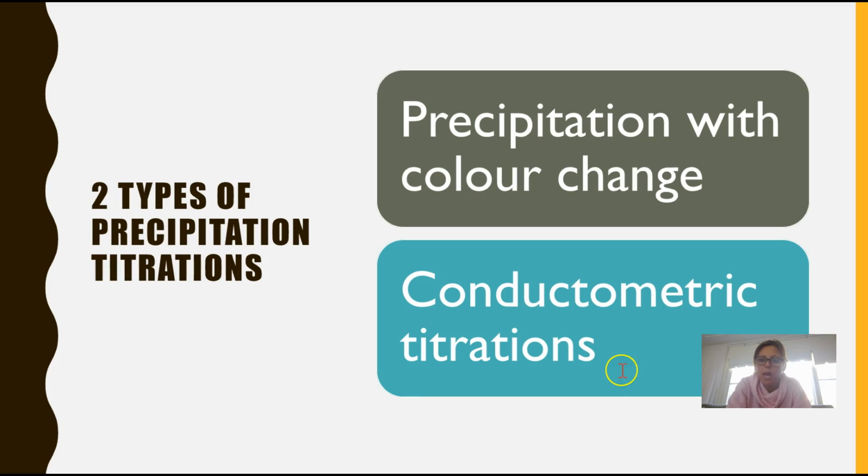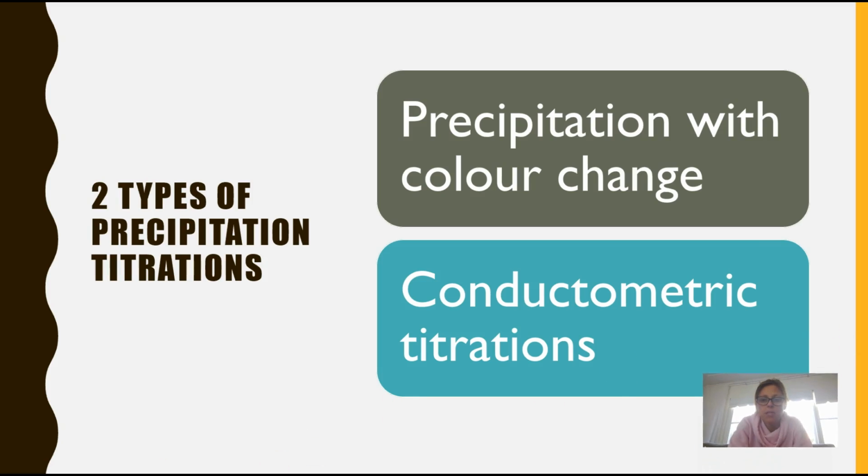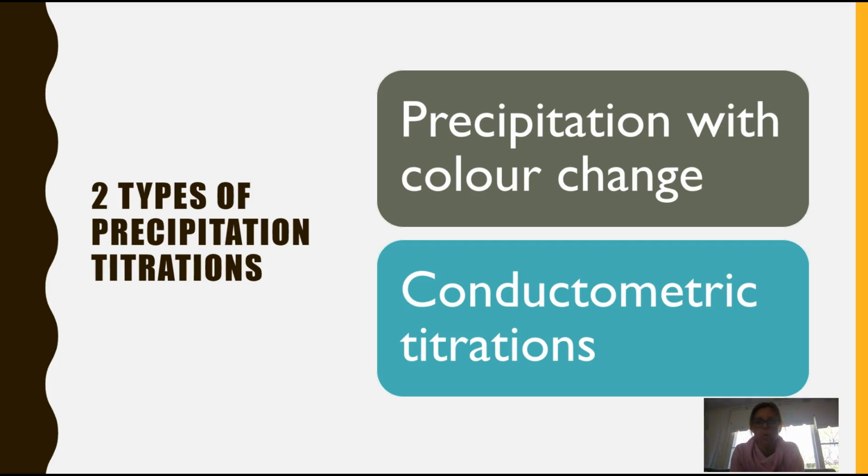So we have got a couple of different ways of doing these, and it hasn't been specified in our syllabus which ones we're going to need to do. There's two types of precipitation reactions. Precipitations that will involve a color change using an indicator there to determine when the precipitate has formed, and also conductivity titrations.